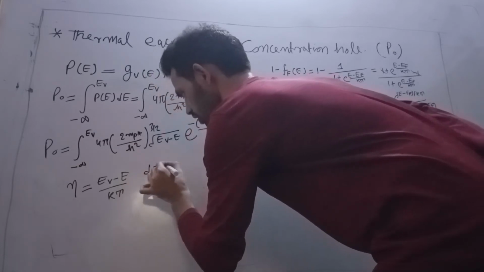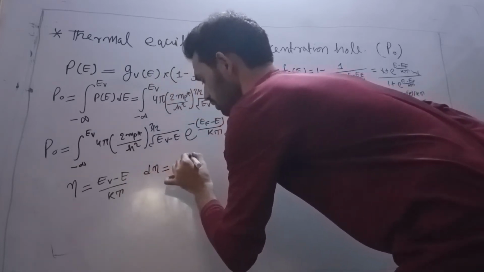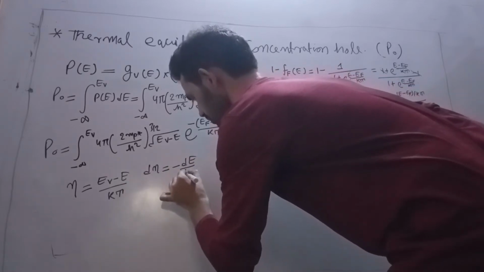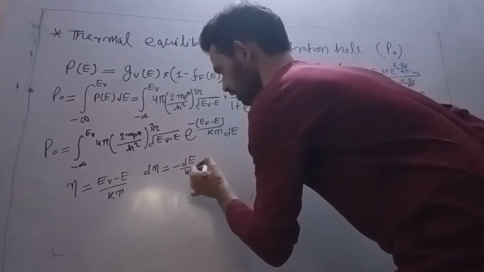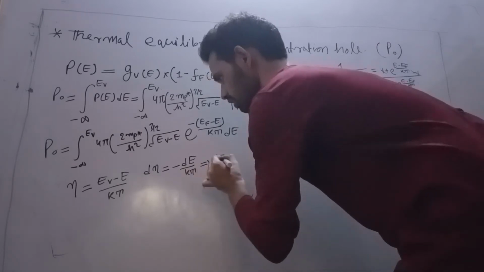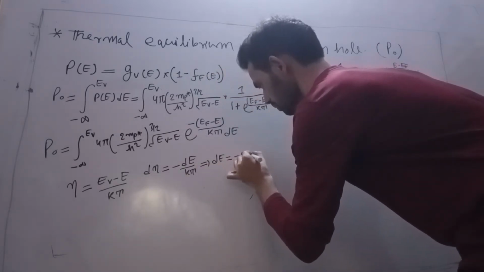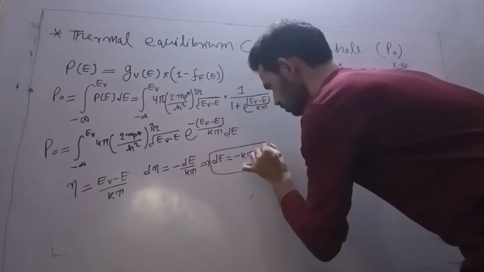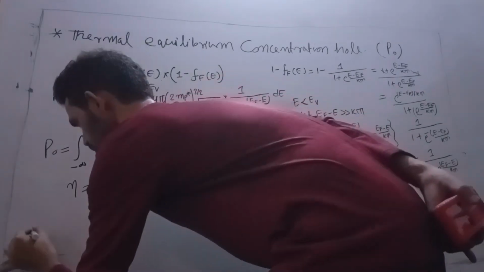Then d eta is equal to minus dE by kT, which implies that dE is equal to minus kT d eta. Okay, so now just put all these values. What will we get?